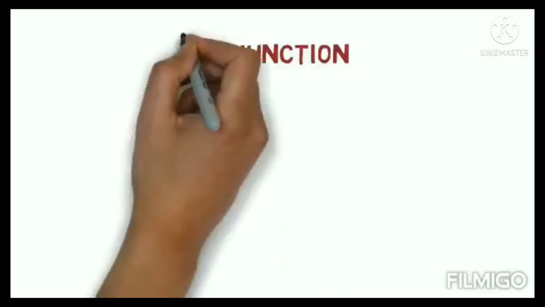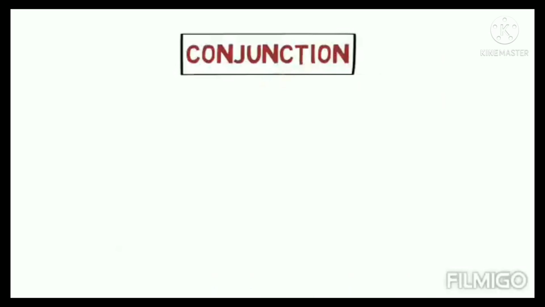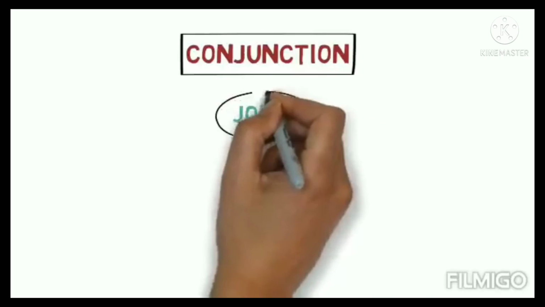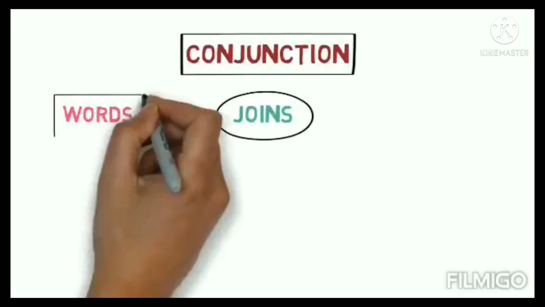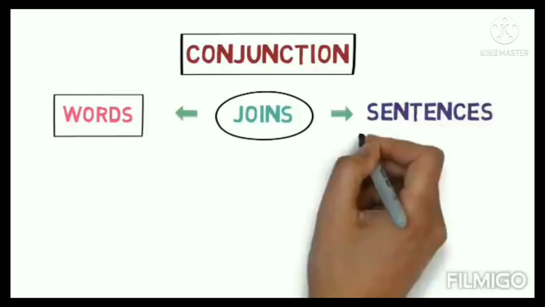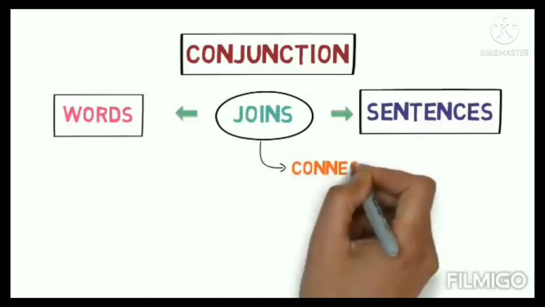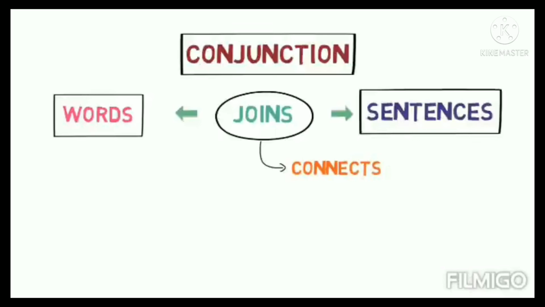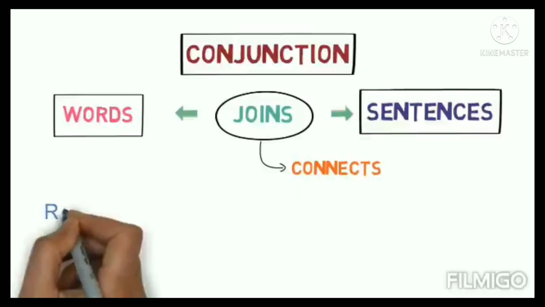Let's look into the next part of speech, that is conjunction. What is a conjunction? A conjunction is a word used to join words or sentences. Join here means it connects words or sentences. Let's understand their usage with examples.